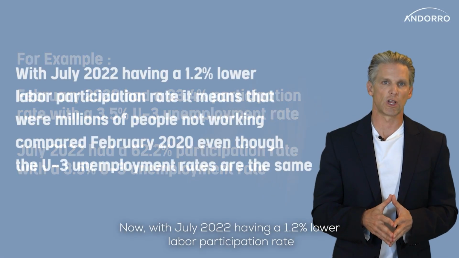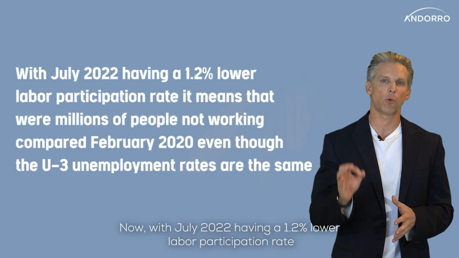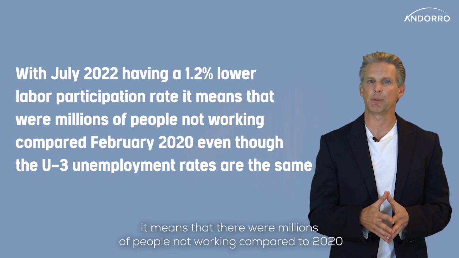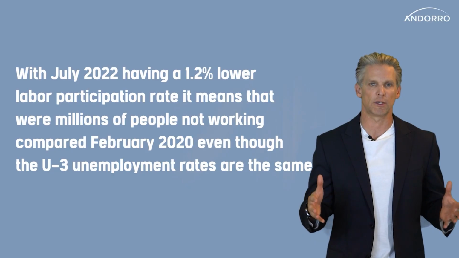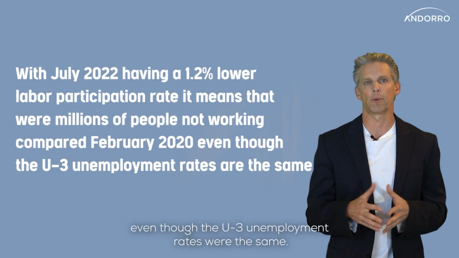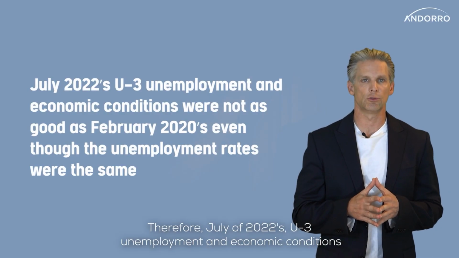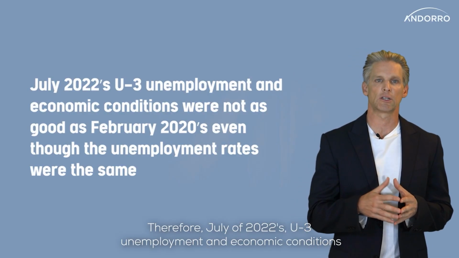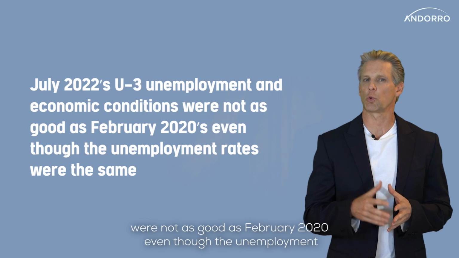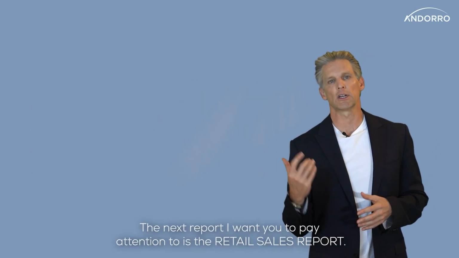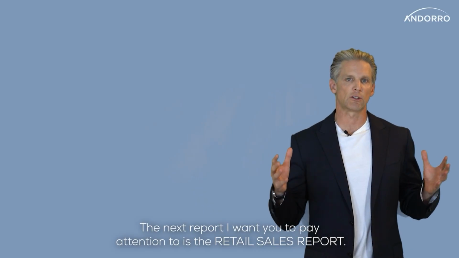Now, with July of 2022 having a 1.2% lower labor participation rate, it means that there were millions of people not working compared to 2020, even though the U3 unemployment rates were the same. Therefore, July of 2022's U3 unemployment and economic conditions were not as good as February 2020's, even though the unemployment rates were the same.